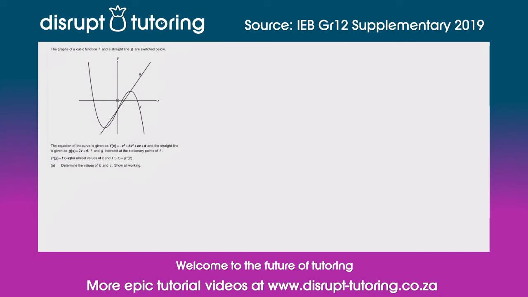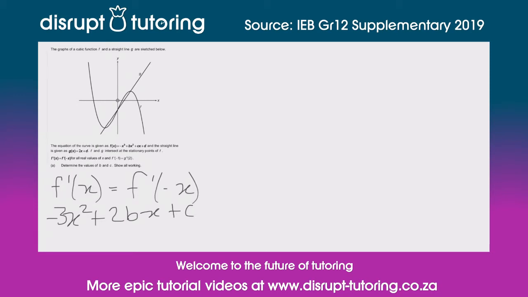Right, so the very first question they've said to us is determine the values of b and c, and they've said show all working. Right, so I'm going to start off with the very important information they've given us over there, which is f dash of x is equal to f dash of minus x, and I'm going to find the derivative of f of x now, so that's going to be minus 3x squared plus 2bx plus c, and then the d falls away because it's a constant.